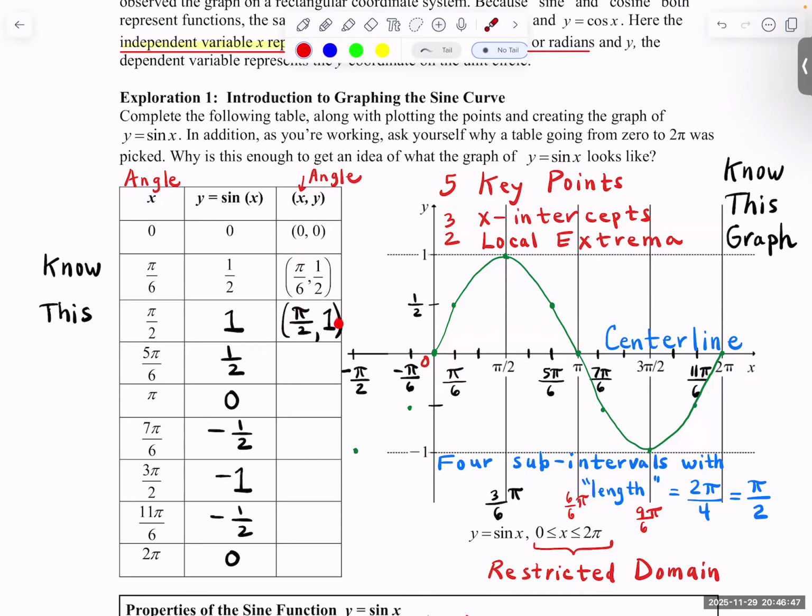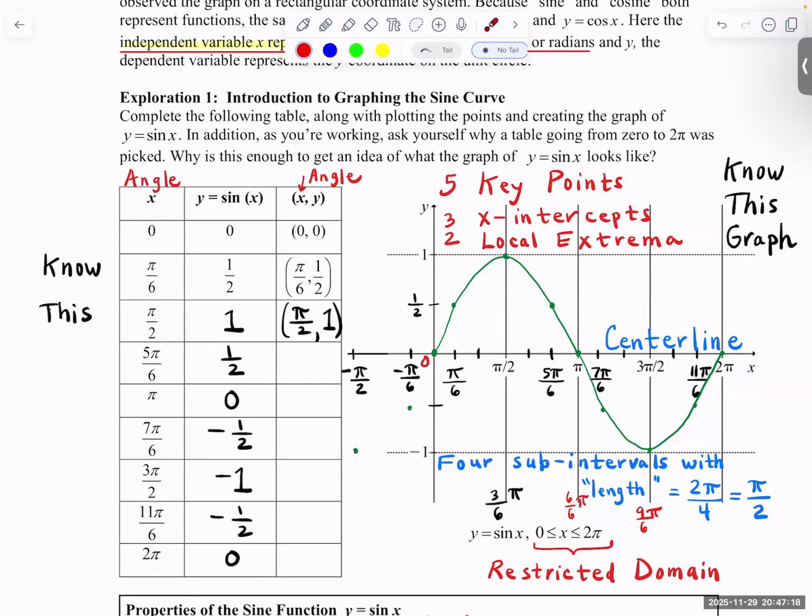Pi over 2, 1 is going to be the first local max, the top of the hill here, the peak value of 1. 5 pi over 6, 1/2 is plotted. And as we see, the function values begin to fall. The graph is falling until we hit pi radians, and the function value is 0.